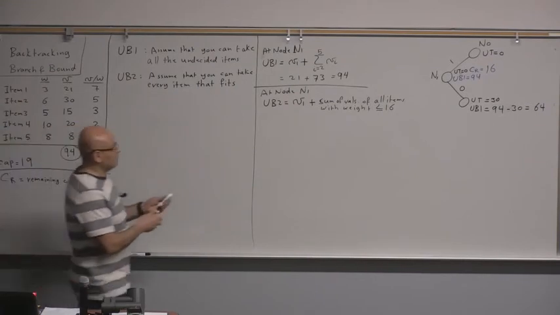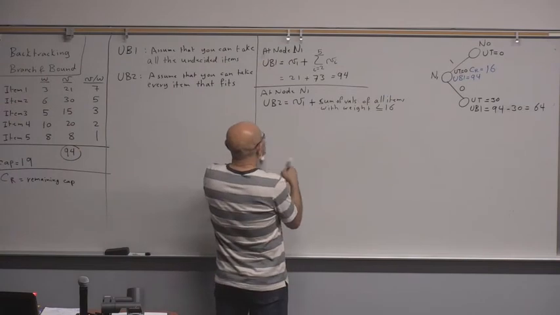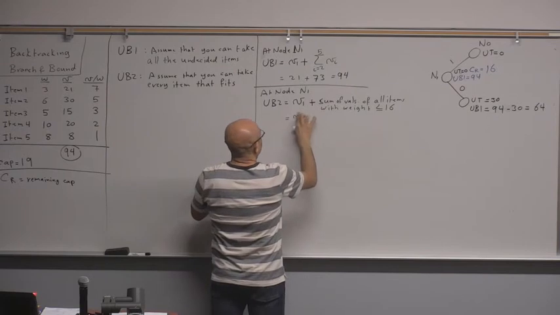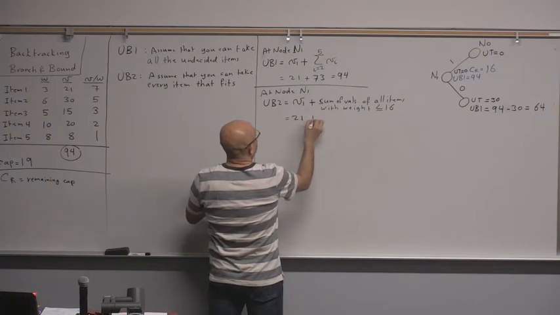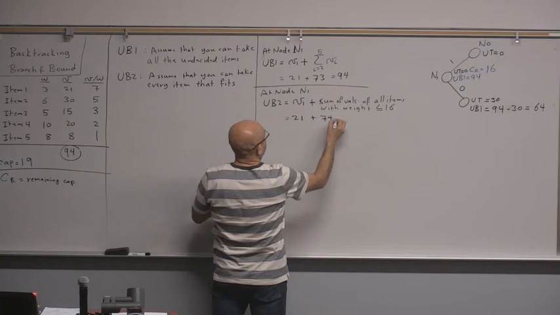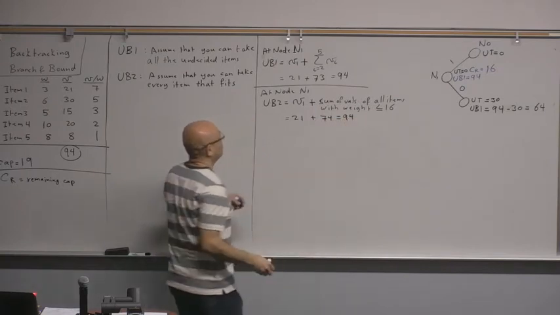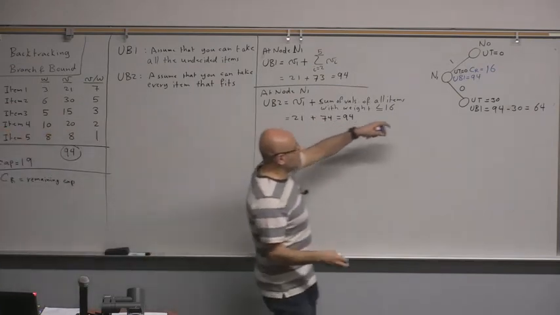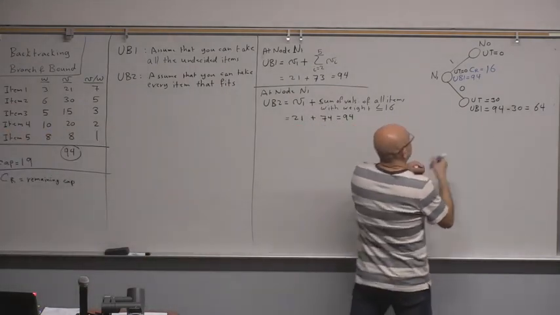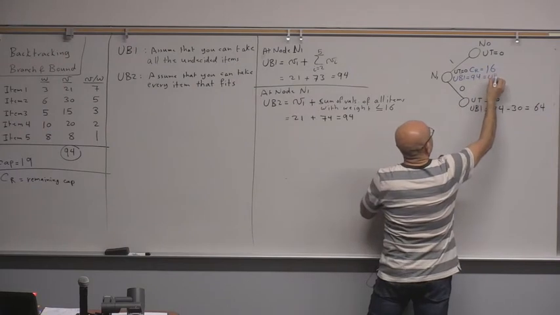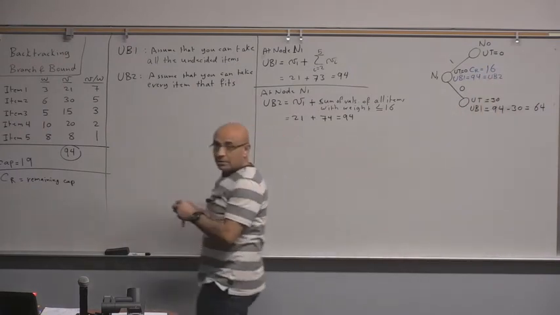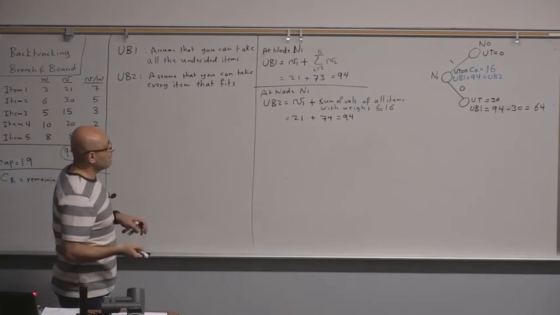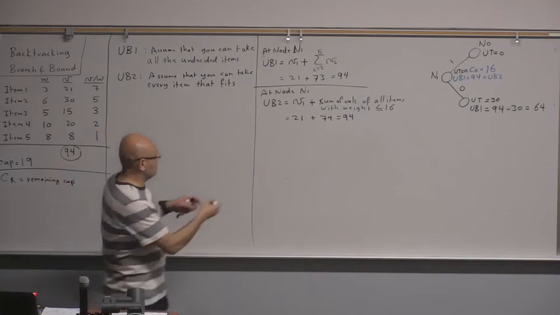So in this case, it's going to give us the same value: V1, which is 21, plus all of them are going to fit, so it's going to give you 94 again. So the upper bound here, upper bound 1 is 94, and upper bound 2 is also 94. Okay. 73. Yeah, same thing.